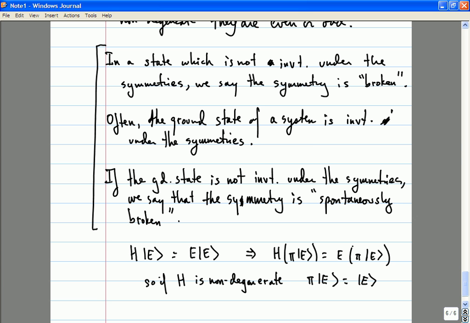That's just saying basically that pi squared is 1 instead of equal to a phase. And so E is a parity eigenstate. In general it could be some phase, but we're choosing that phase to be real, so it'll be either plus or minus 1. So that pi squared is equal to 1.